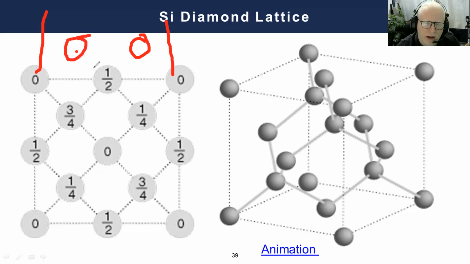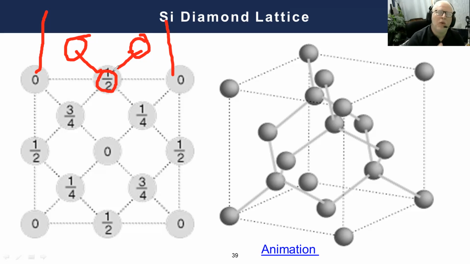So we still have a bond here and a bond there. So now this atom still has four direct neighbors.